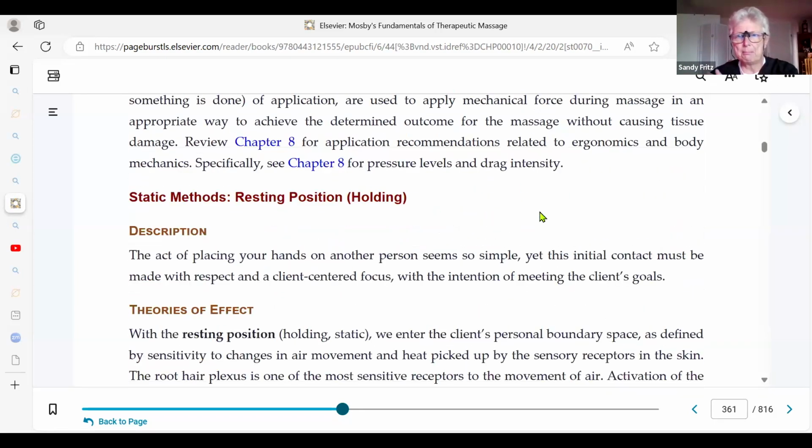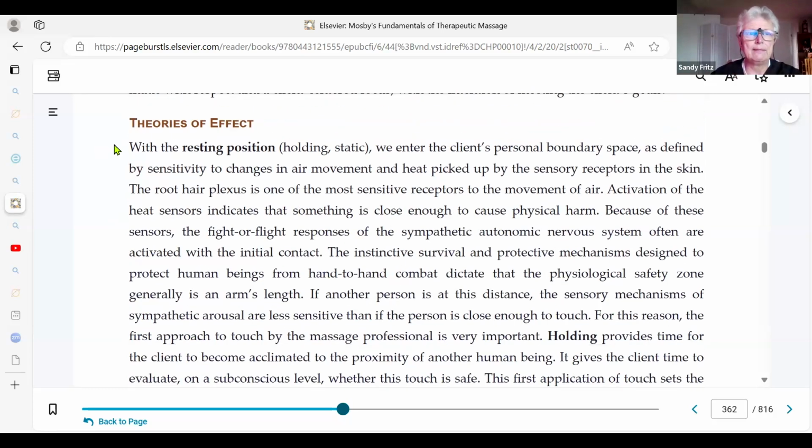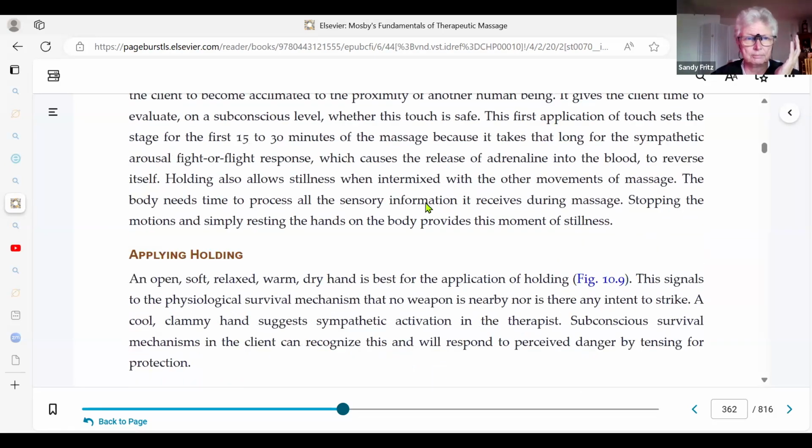So here are the methods and the variety of names. Static methods, resting position, holding. And then theories of effect. What is our evidence-informed and biological thought process around why this is a beneficial thing to do and its potential for reaching the client's outcome goals?